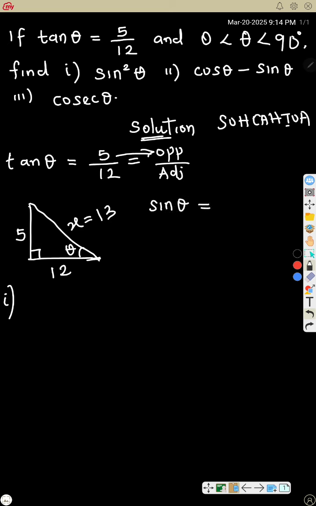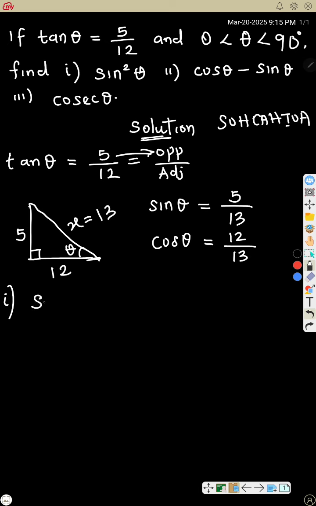Remember, sine theta is opposite over hypotenuse. That will be 5, that is opposite, over hypotenuse, that's 13. So you know sine. Then what is cos? Cos theta is adjacent, that's 12, over hypotenuse, that's 13. So now that you know this, you can solve anything.